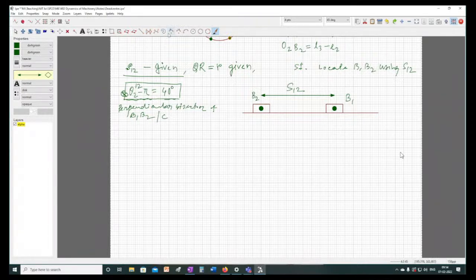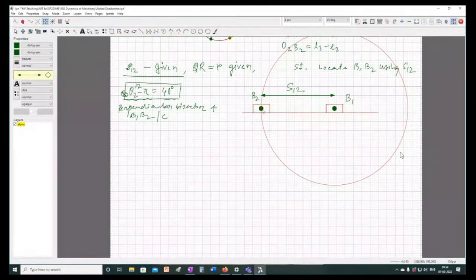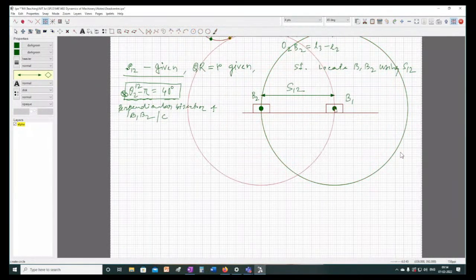So first we will draw the perpendicular bisector. To keep it simple, I draw circles. And now you can see that we can draw the perpendicular bisector joining these two intersection points.